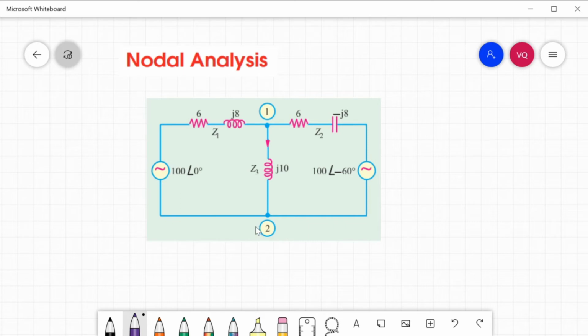So in nodal analysis, the number of equations will be n minus 1, where n is the number of nodes. Here we have 2 nodes, so we will only have 1 equation to solve the node voltages of this circuit.